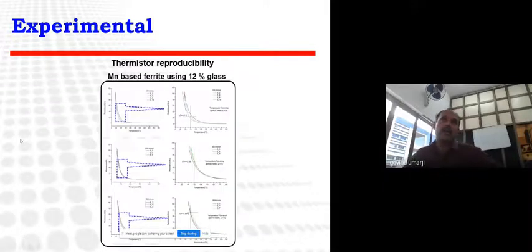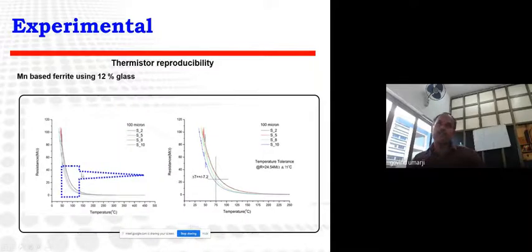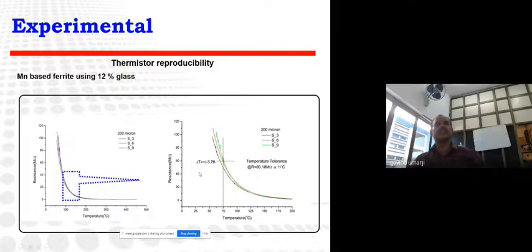So for reproducibility with 12% glass, again we followed the same process. For 100 micron, we got plus minus 7.2 degrees delta T, and the resistance is 24 mega ohm at 75 degrees Celsius. Then delta T for 200 micron is 3.7.